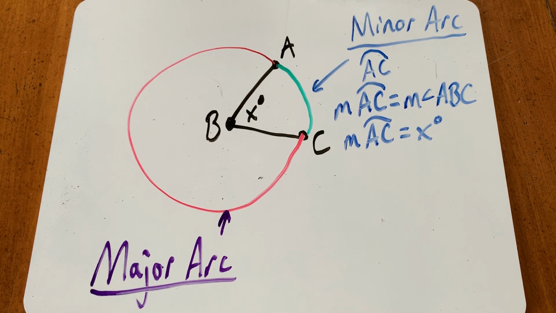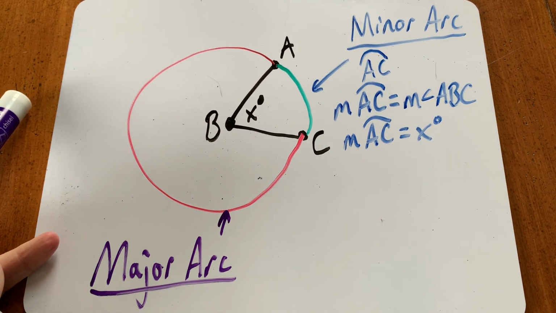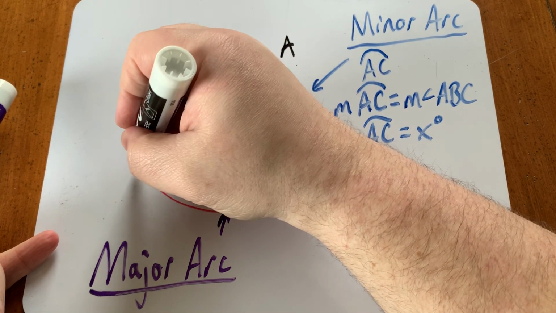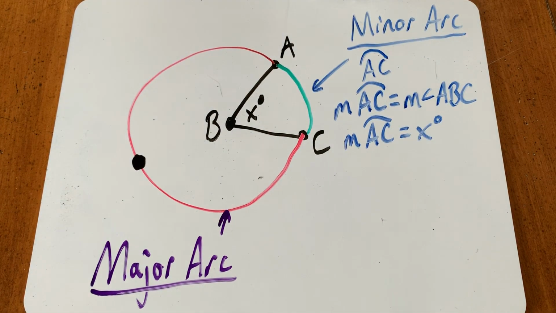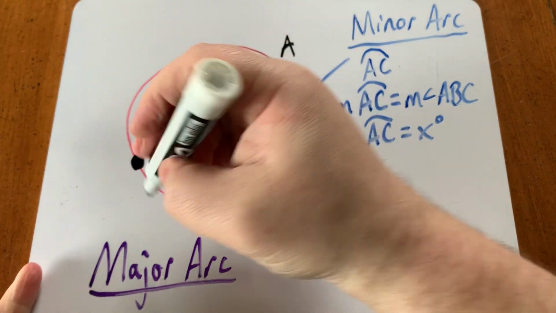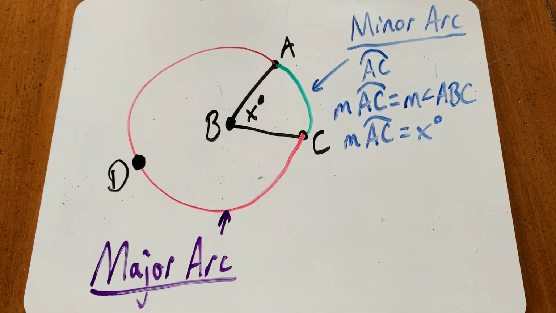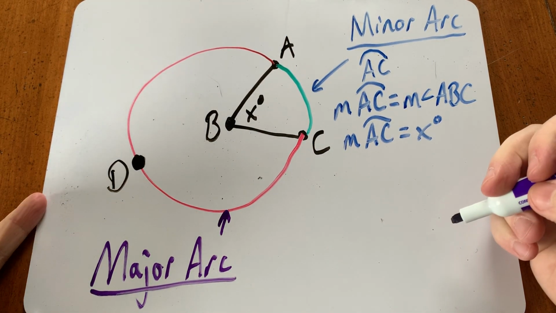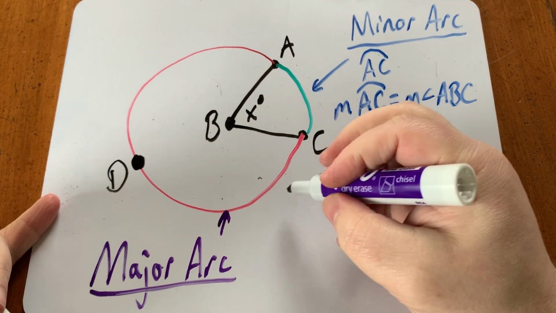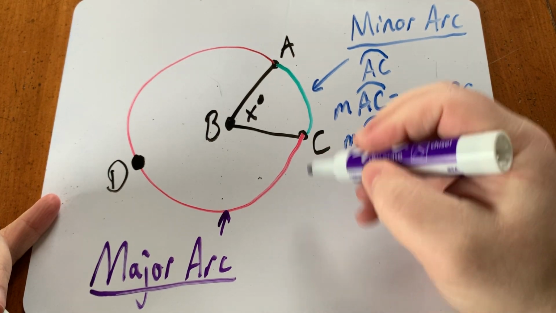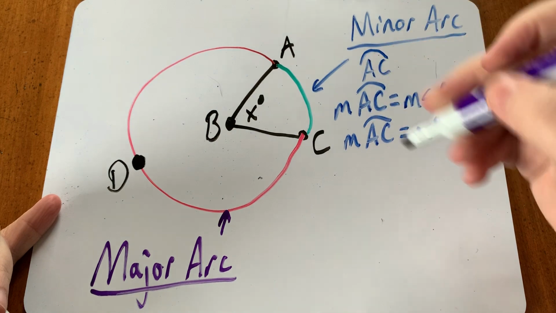So what we're going to need is another point on the circle. You cannot define a major arc unless you have another point that it passes through. And I'm just going to call this point D because of the alphabet. So this major arc would be called arc ADC.